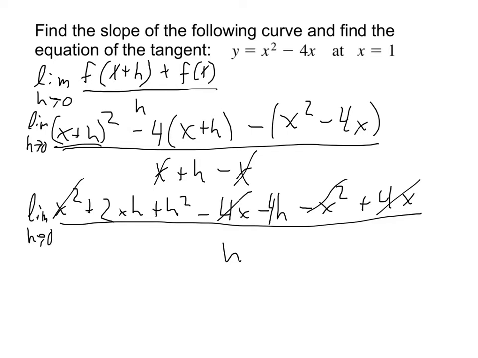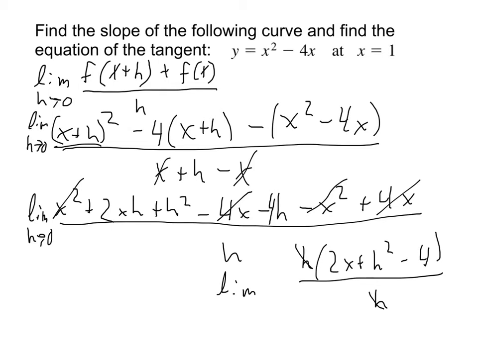So I'll factor out an h from all those, so the numerator would just be h times 2x plus h minus 4, all over h. And this is the limit as h goes to 0.